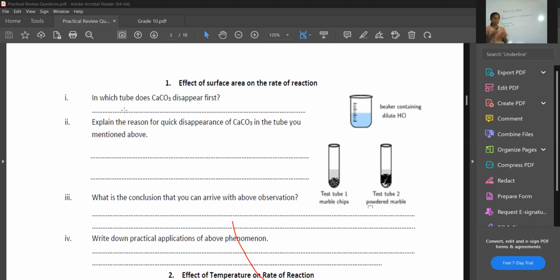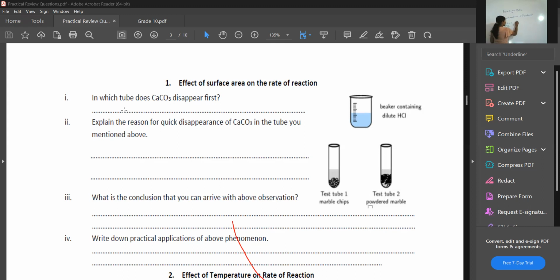One is we can measure the amount of reactants that were used for the reaction in a given time, or we can measure the amount of products that form within a given time. By using one of those two methods, we can calculate the reaction rate.